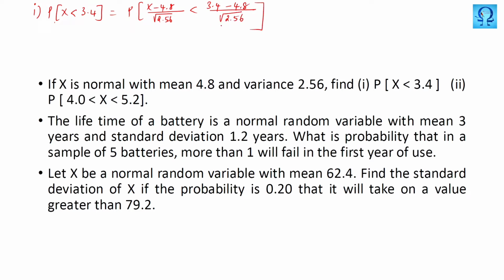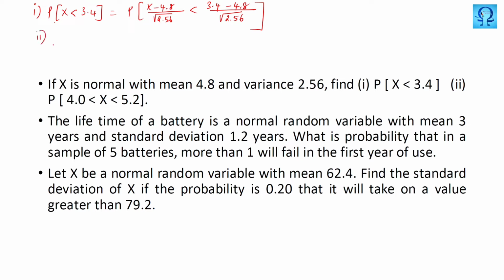From this itself we can clearly see this is going to be some negative quantity. If you are using a two-sided table, you can read the value directly from it. If you are using a one-sided table, you have something lesser than a negative quantity, so you will have to make use of the symmetry and calculate this.